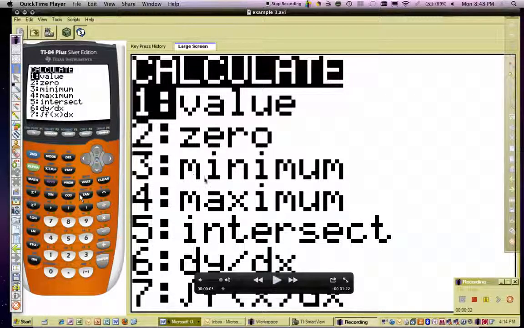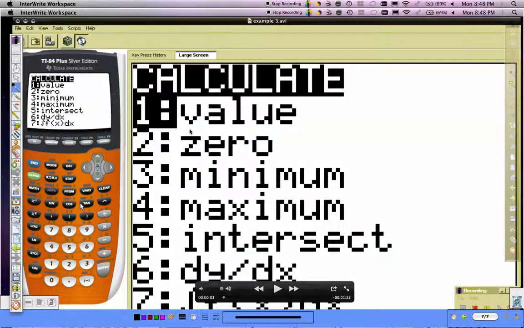Really, the ones that are going to be important for us are the minimum, the maximum, and most importantly right now, the second one on the list, the 0. That's super important because it can help us very easily solve these quadratic equations.